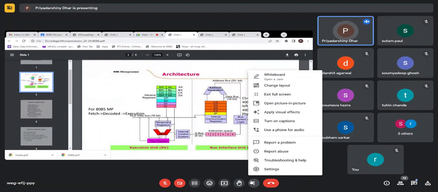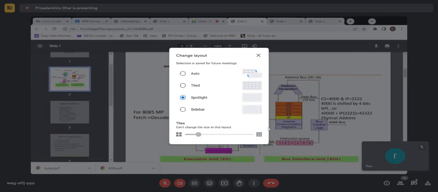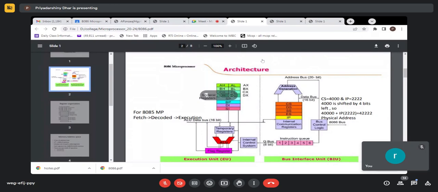Okay, this is the architecture of the 8086 microprocessor. Now, what are the features of the 8086 microprocessor? First, the 8085 microprocessor features: it is an 8-bit microprocessor, and it has 16 address lines. 8-bit means it can access 8-bit data at a time, but the memory address is 16 bit.